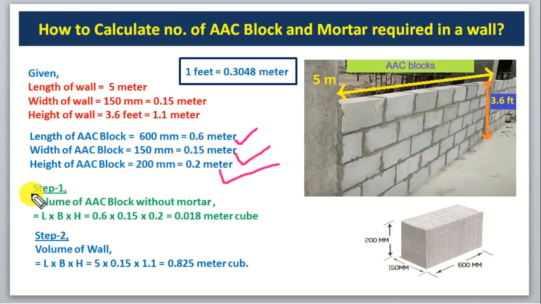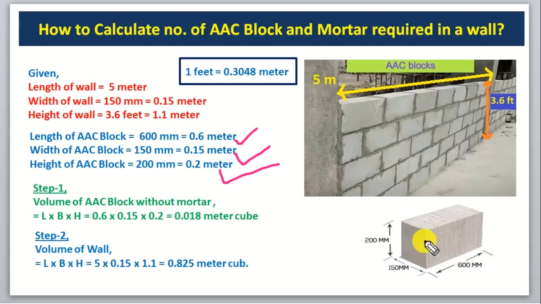Okay guys, in the first step I am going to calculate the volume of the AAC block without mortar. This is the actual volume of the AAC block. You can see the mortar has been added between the blocks, but we don't have to add this mortar at first. First of all, we have to calculate the actual volume of this block.